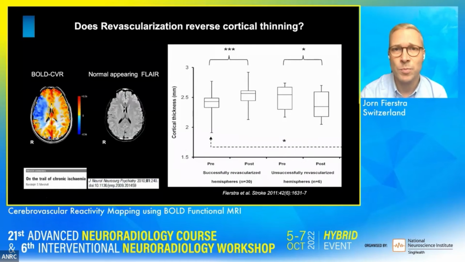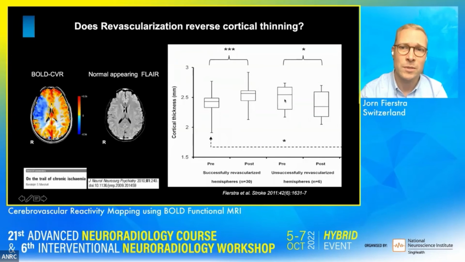And interestingly enough, those patients that we then revascularized, since they had this impaired CVR, we showed that those patients that had successful revascularization, with normalization of the CVR after 1 year, as I showed you in the previous slide, actually the cortical thinning went up again. So it seemed to be a reversible process where the neurons would regenerate or at least maybe do a new sprouting or whatever would happen. We don't know what happens, but we saw that the phenomenon of cortical thinning could be reversed by restoration of blood flow in this area.